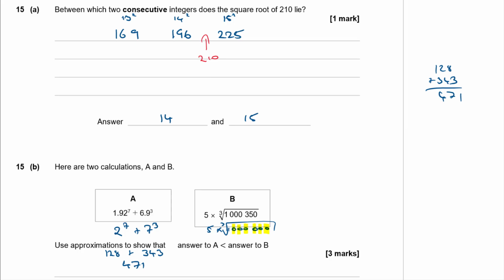If you cube root it, you're going to end up with 2 zeros. If you think about it, 100 times 100 times 100 is a million. So the cube root of a million is 100. And then 100 times 5 is 500. Okay, so I've worked out it's 471 and 500, and we can see that 471 is less than 500.